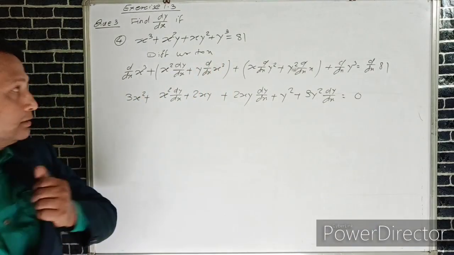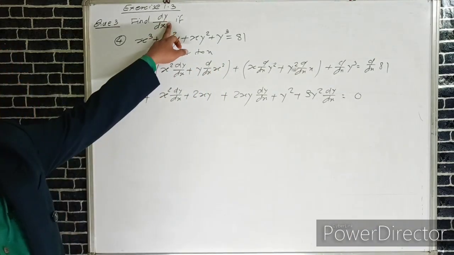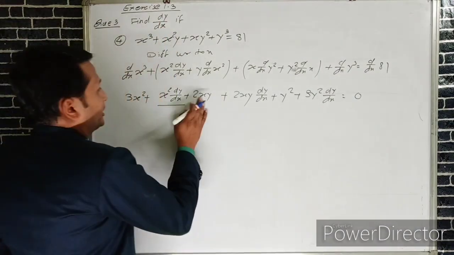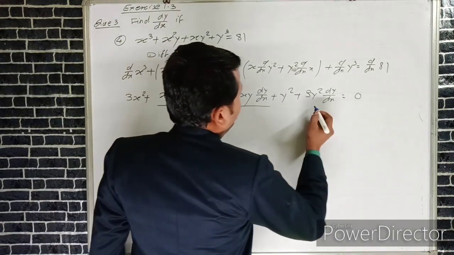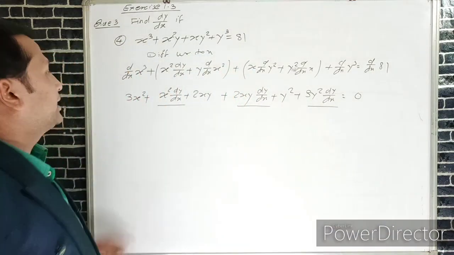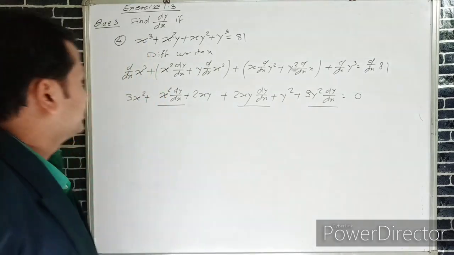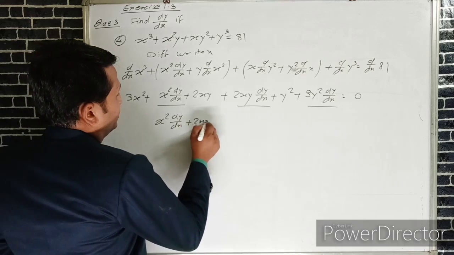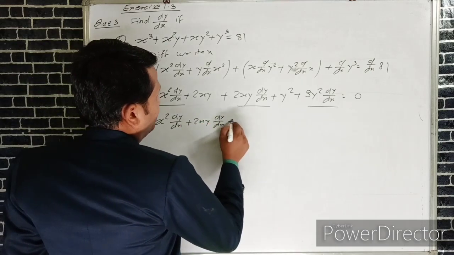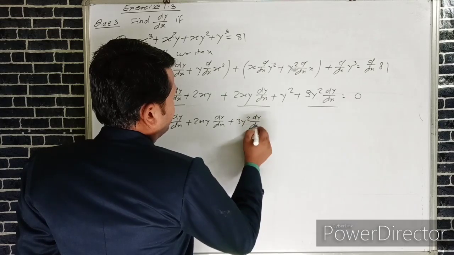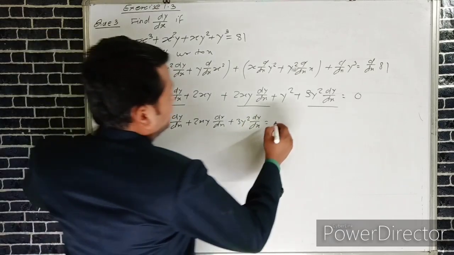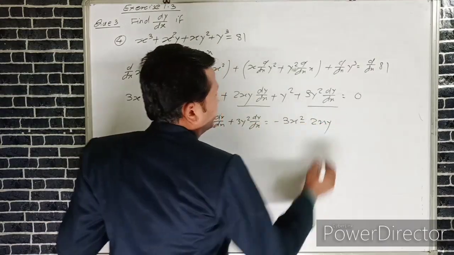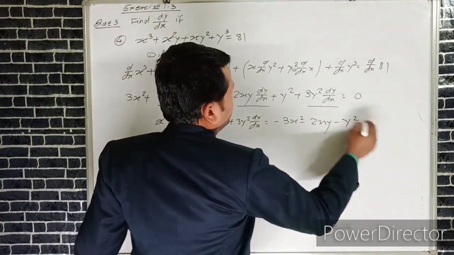Here we have to find the derivative of y with respect to x, that is dy by dx. We take dy by dx common from these three terms and shift the other terms to the right side. We can write x square dy by dx plus 2xy dy by dx plus 3y square into dy by dx equals 3x square converted into minus 3x square, plus 2xy becomes minus 2xy, and plus y square becomes minus y square.